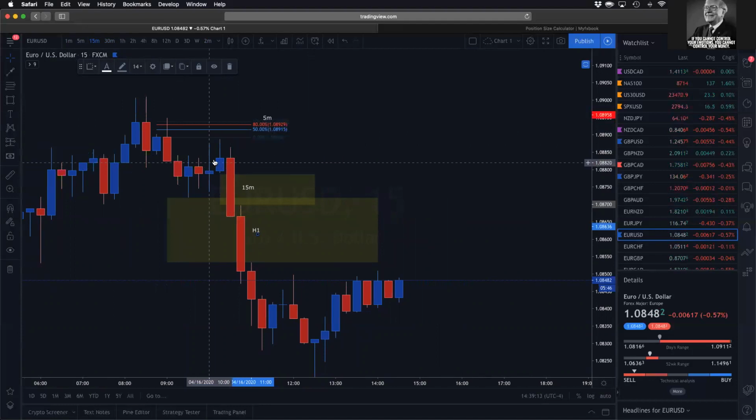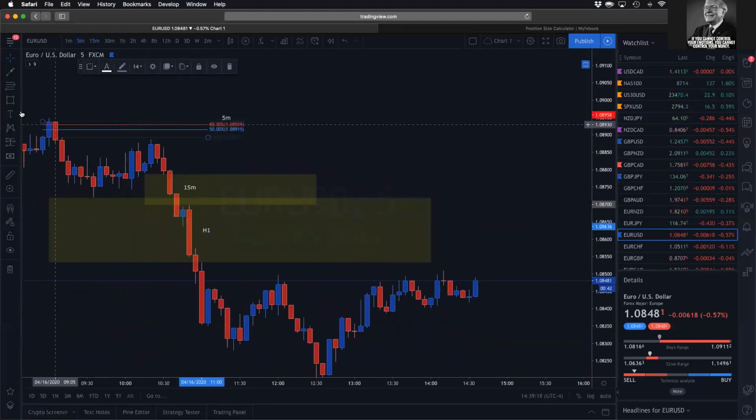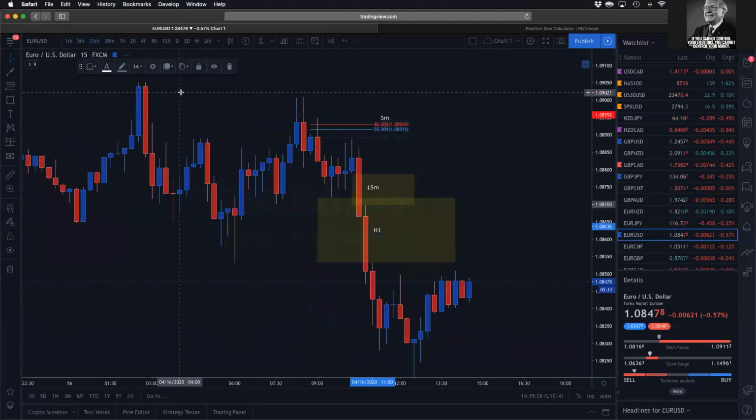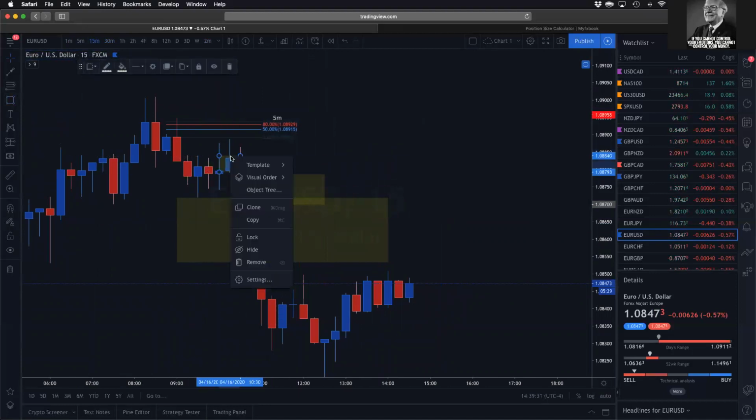Now we also have this candle here. So we have this 5 minute candle that needs to be mitigated out of. This 5 minute has been mitigated out of, okay? But now this 15 minute that's here needs to be mitigated out of.